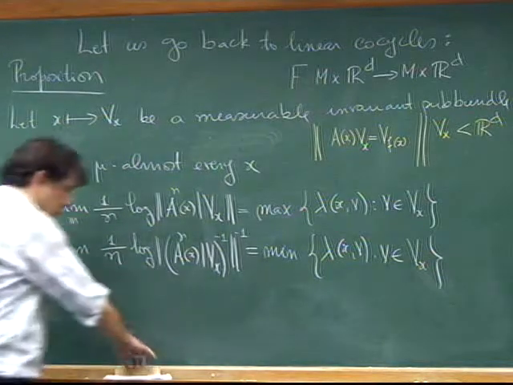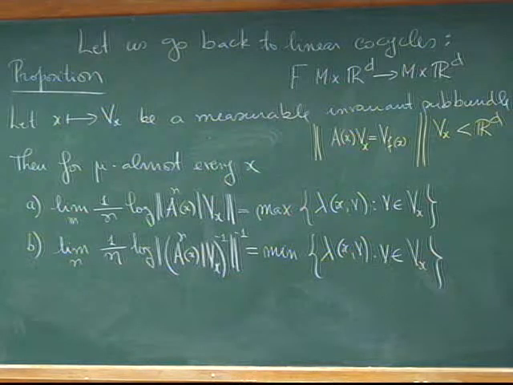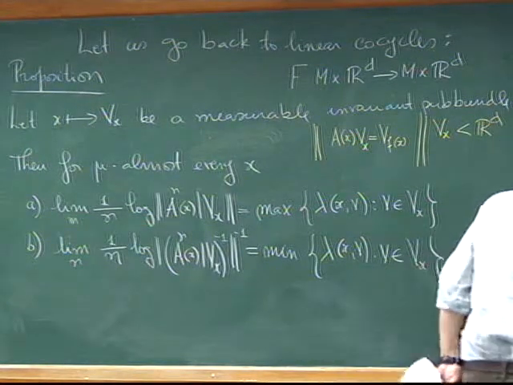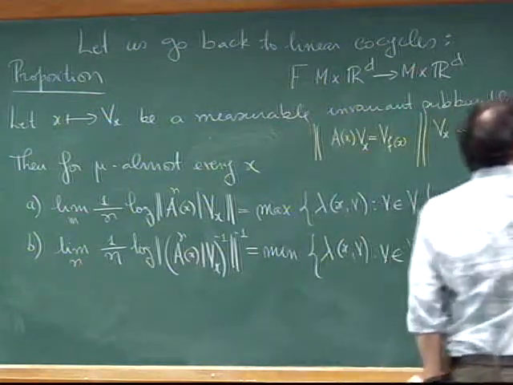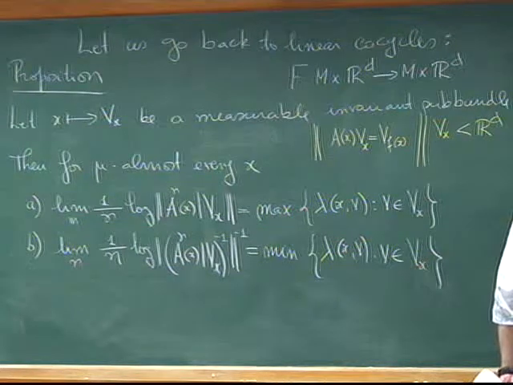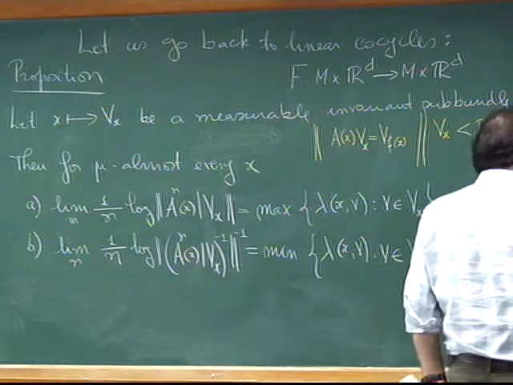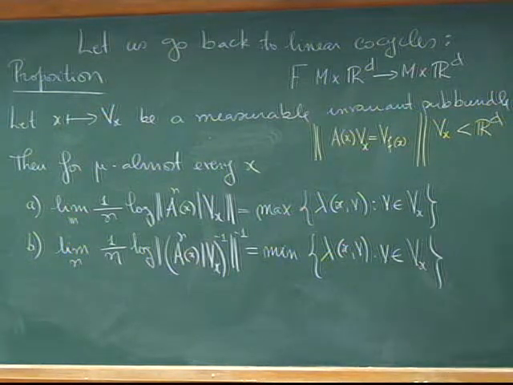So what does this proposition say? It says that you take any invariant subbundle. So I have this Vx, and you start iterating.